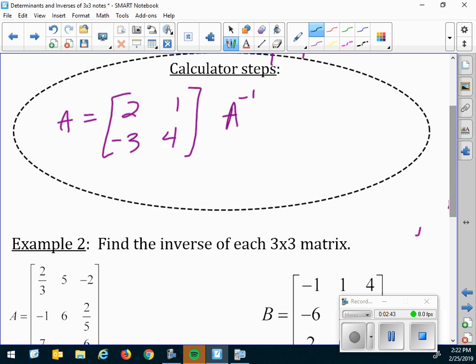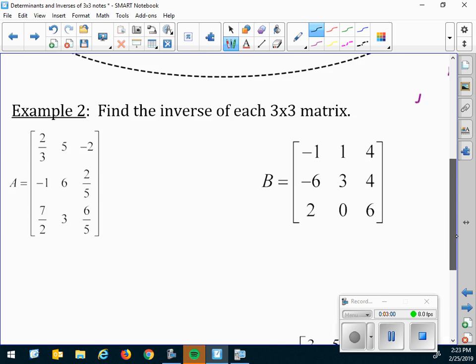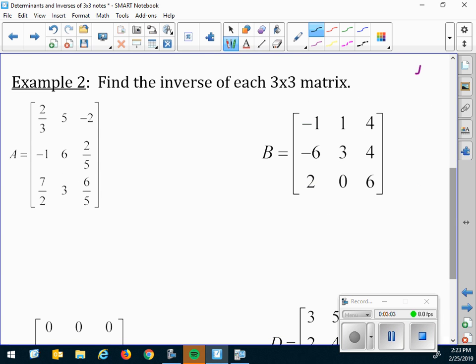So what we're going to do, I'm going to show you how to do an inverse on your calculator. We're going to take this first matrix A, and we're going to input it into your calculator.